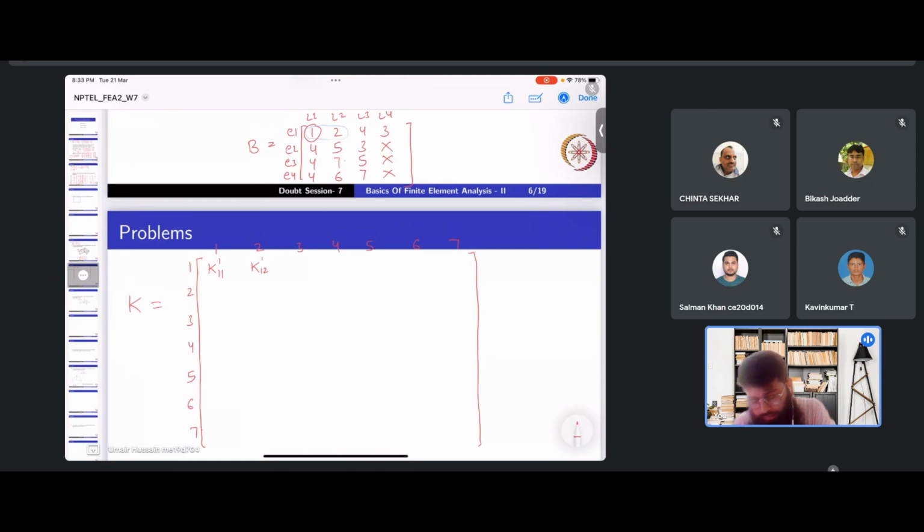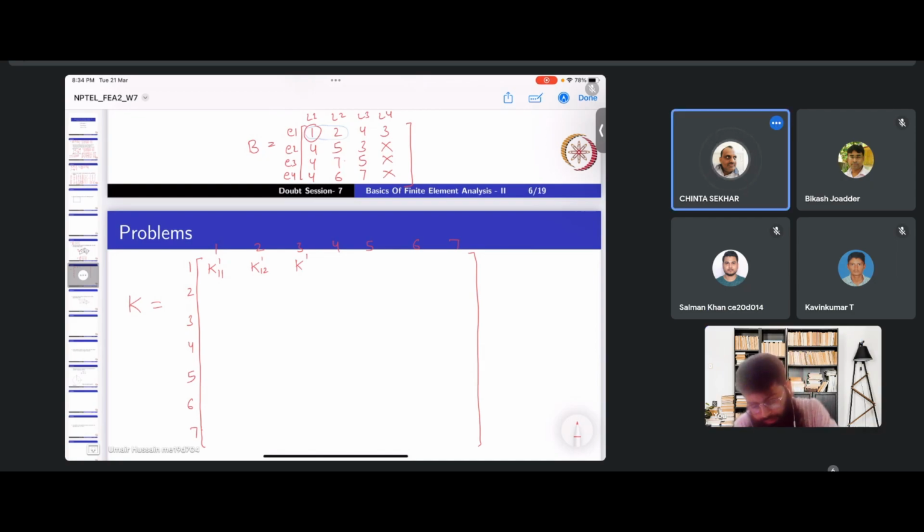Now for 1 3, 1 and 3 are together in only element 1, since 1 is only in element 1, so the contribution would also only be from element 1. What is the local node numbering here? Can you tell? 1 4, yeah.